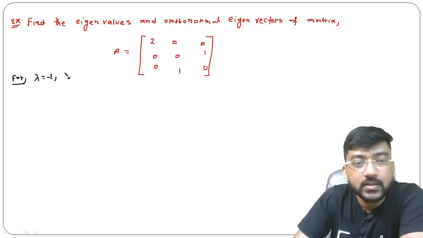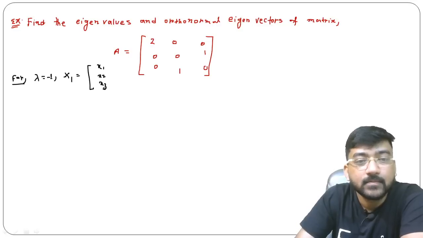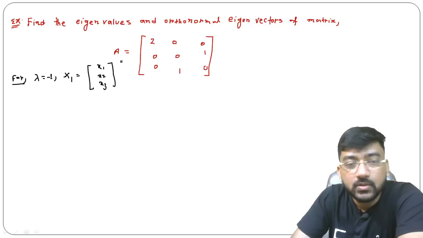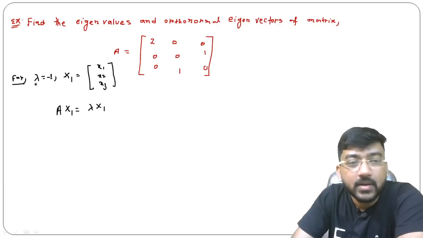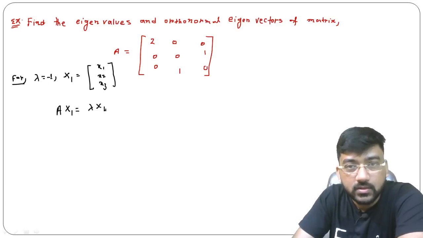Let us take the corresponding eigenvector X1, which will be x1, x2, x3. Now what will be x1, x2, x3? It will come from the equation A X1 is equal to lambda X1, because if lambda is the eigenvalue corresponding to X1, then it will satisfy this equation.